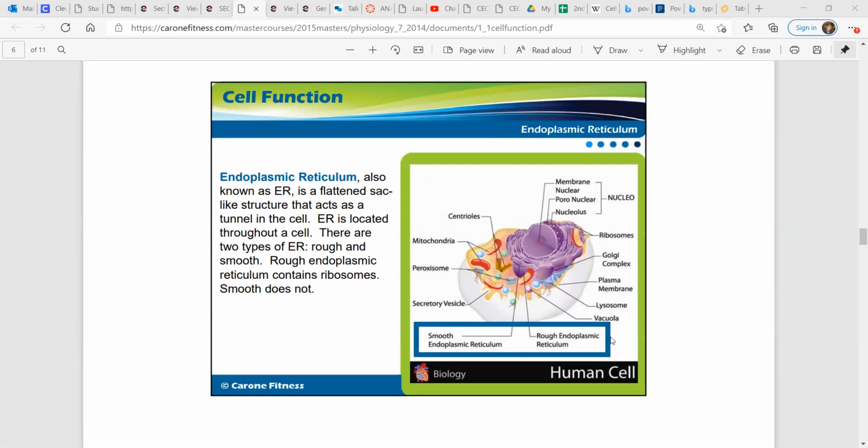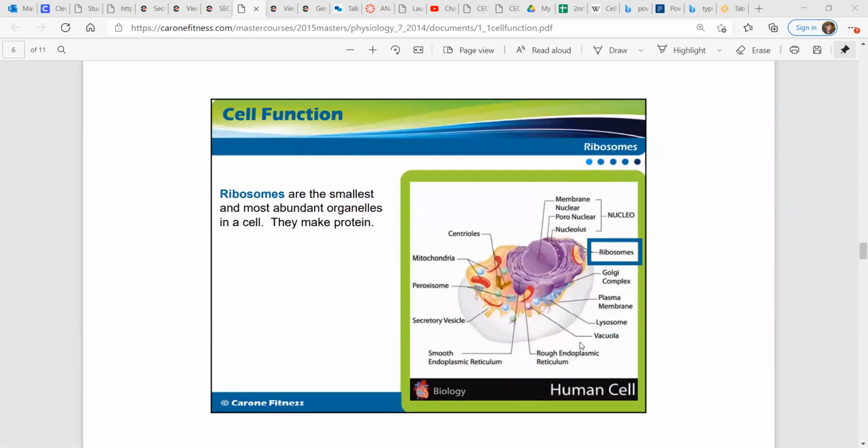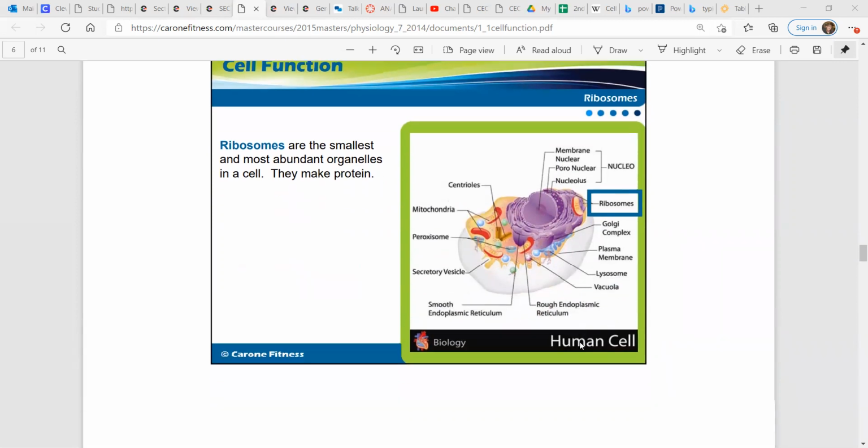Rough contains ribosomes, smooth does not. So think of the R in rough going with ribosomes. Rough ribosomes. And ribosomes are the smallest and most abundant organelles in a cell. These guys make protein.